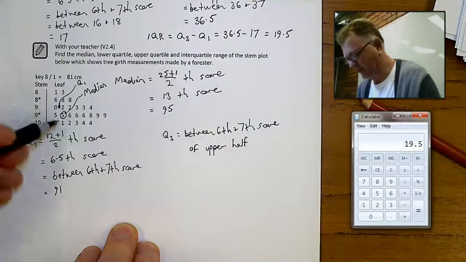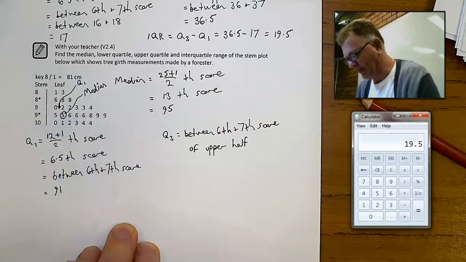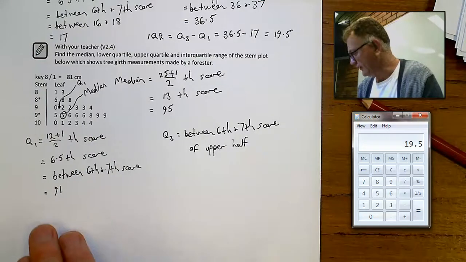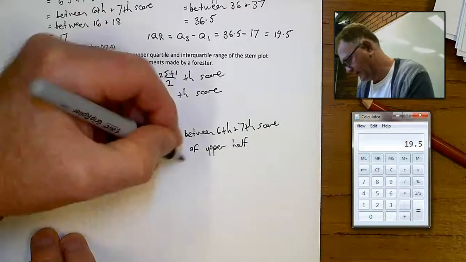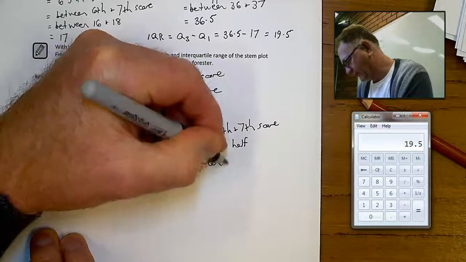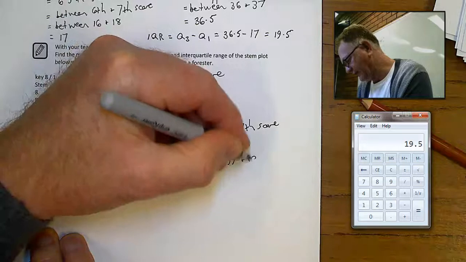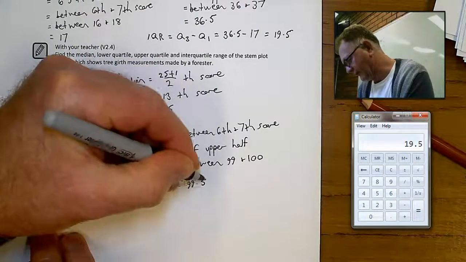So you can just find it there. 4, 5, 6. Okay, the 6th score is 99. The 7th score is 100. So it's going to be between 99 and 100. That's got to be 99.5.